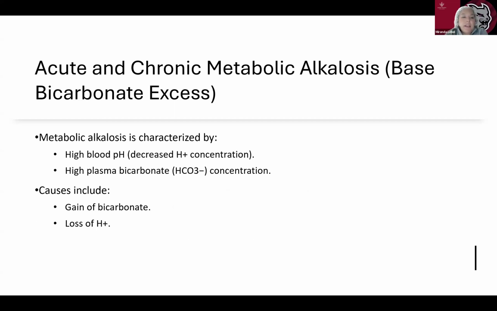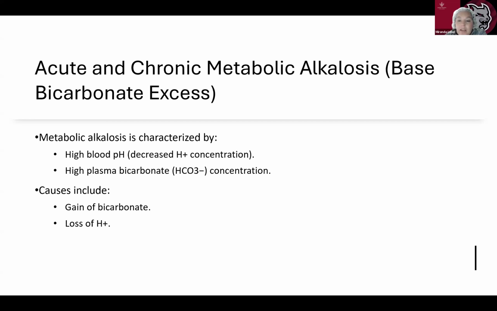Acute and chronic metabolic alkalosis. This is your base bicarb excess. Metabolic alkalosis is characterized by high blood pH and high plasma bicarb concentration. Acute metabolic alkalosis refers to a rapid increase in blood bicarb levels causing a high blood pH due to a sudden loss of acid. An example of this is vomiting.